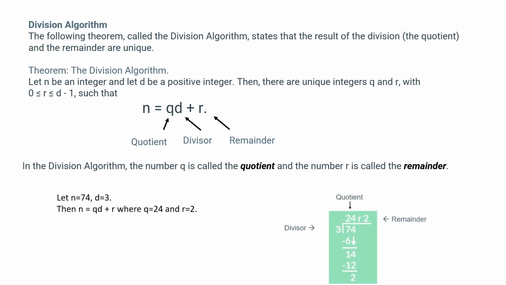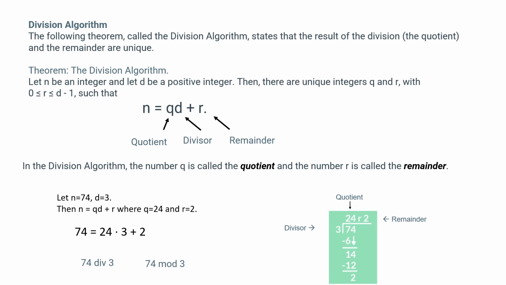So let's look at this example and see that this really isn't saying anything more than what we've already talked about. If you look over on the right in the little green box, you see that we took 74 divided by 3 and we got 24 with a remainder of 2. So all this is saying is, if we start with n equals 74 and d equals 3, then we would come up with some numbers such that we would be able to write n, which is our 74, as the divisor times this q, and we saw that's the quotient.